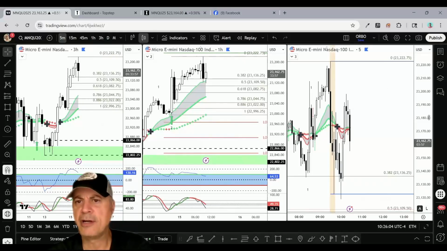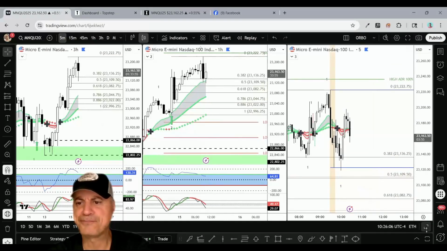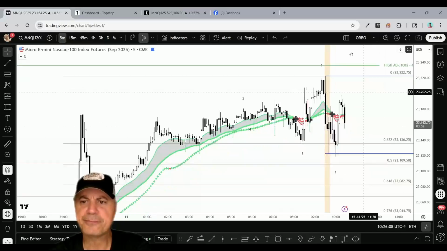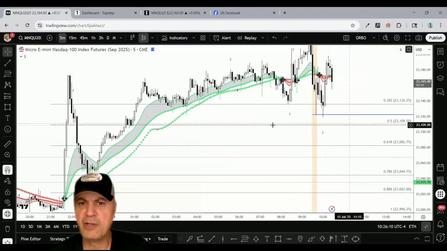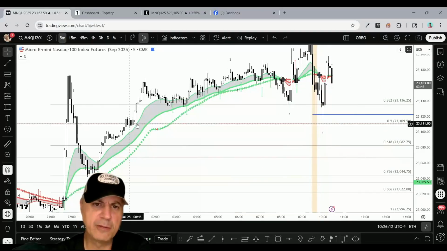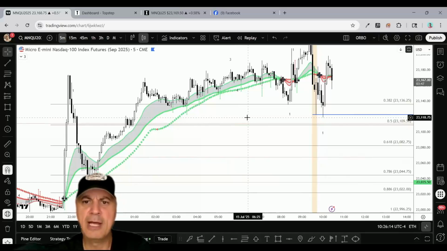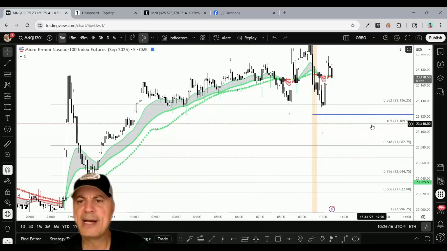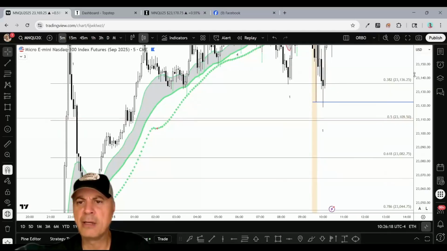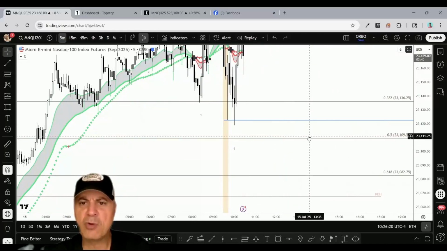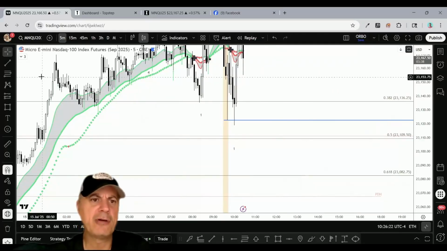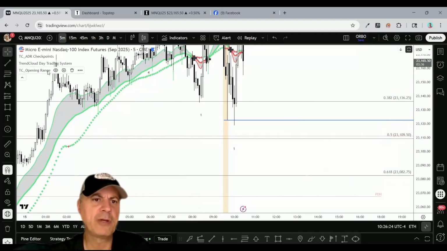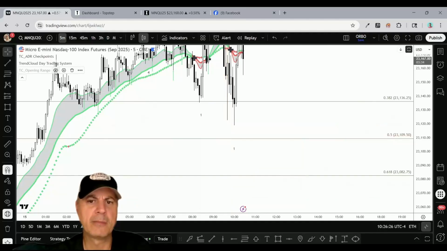And if you look on the 5-minute chart, you can see the 50% retracement level is lined up with this little consolidation zone right here. And it's also the previous week's high. That's this red line right here. That is part of our TrendCloud opening range system.